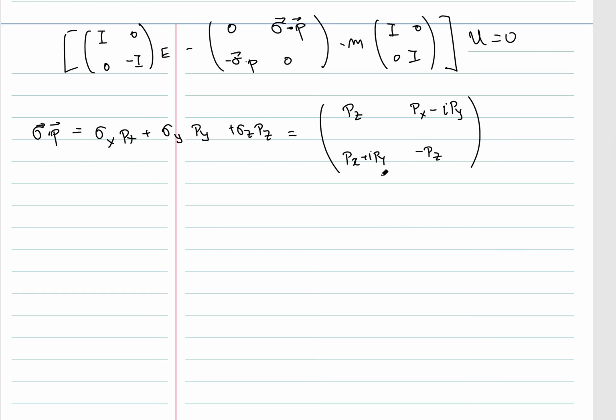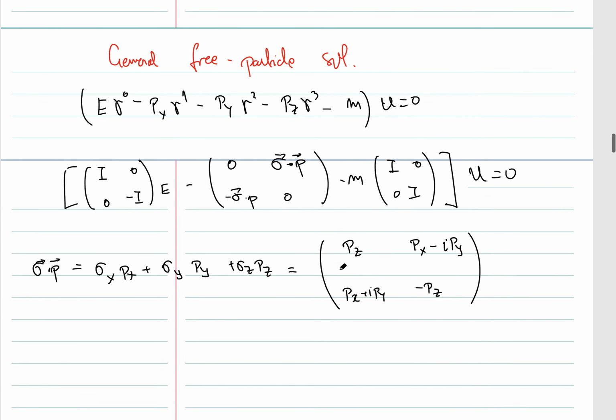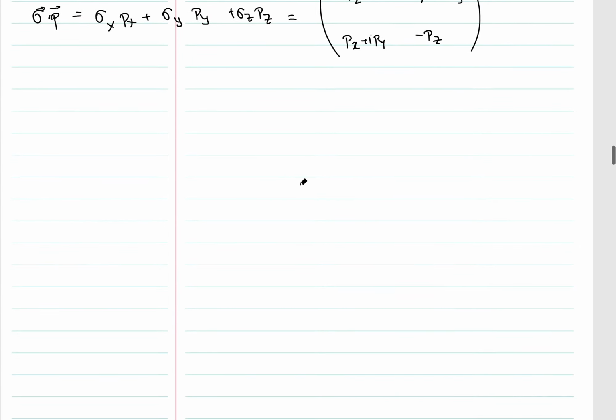If you plug this matrix in, you have a 4 by 4 matrix, and the identity matrix is 2 by 2, so each block makes 4 by 4. So you come back to this equation where gamma 3, 2, 1 and 0 are 4 by 4 matrices.